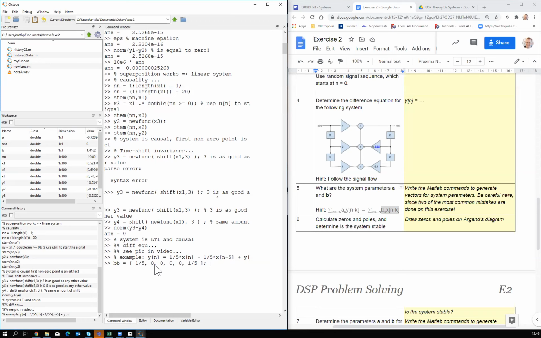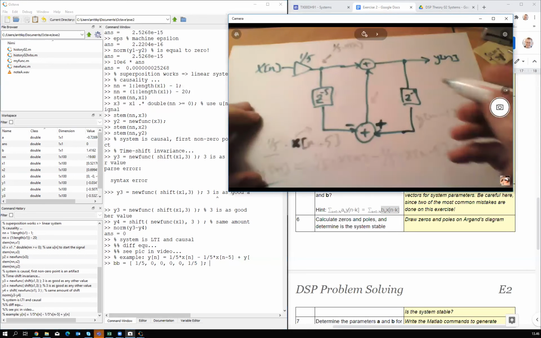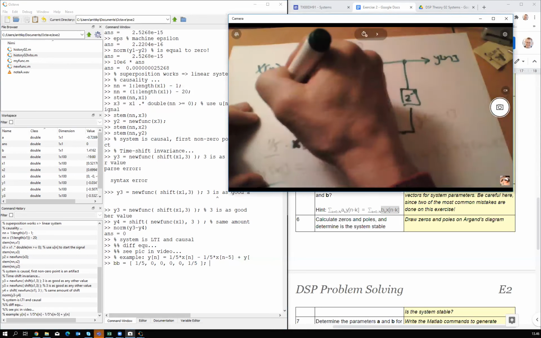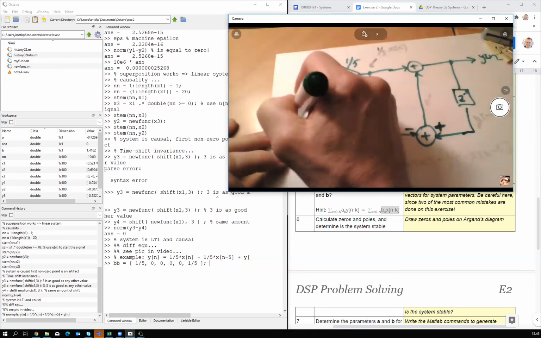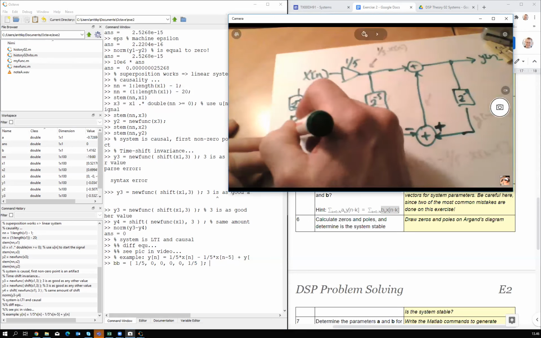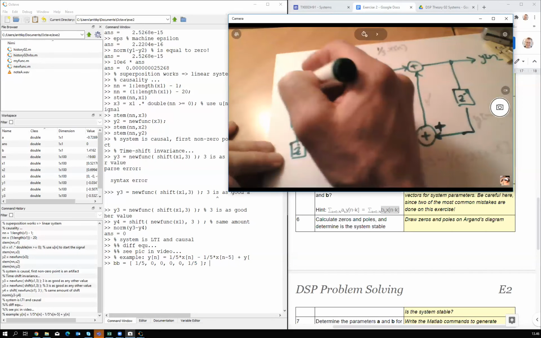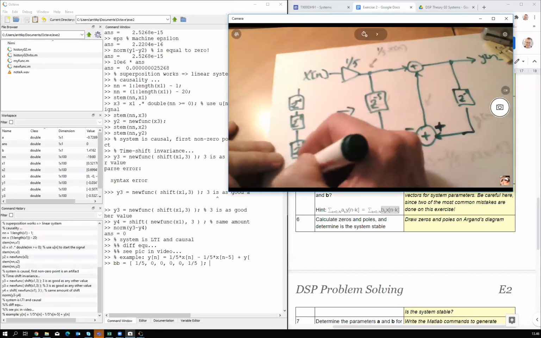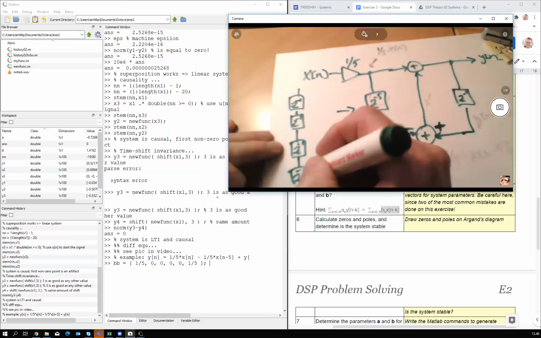So practically, it means that in here, instead of that, we have this time delay chain. One, two, three, four, and then 5.